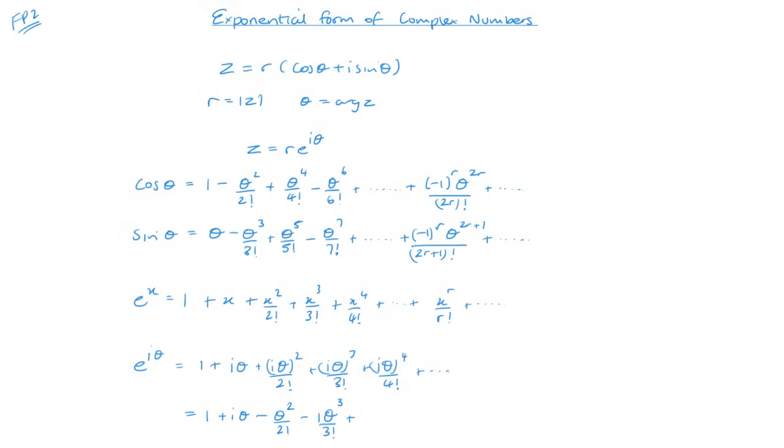Now, it'll be plus because i to the power 4 is plus 1. So that is theta to the 4 over 4 factorial. And we can keep going. Theta to the 5, so it'll be i theta to the 5 over 5 factorial. And then when we get to the 6, it's going to become a minus. And so on.